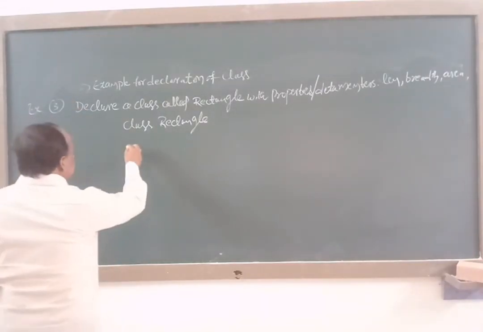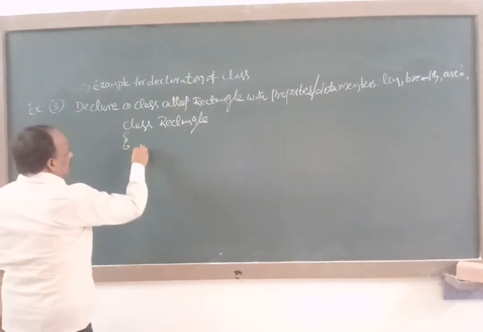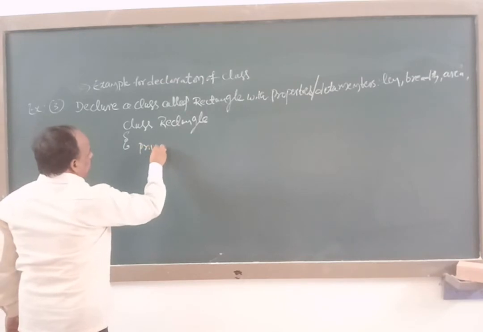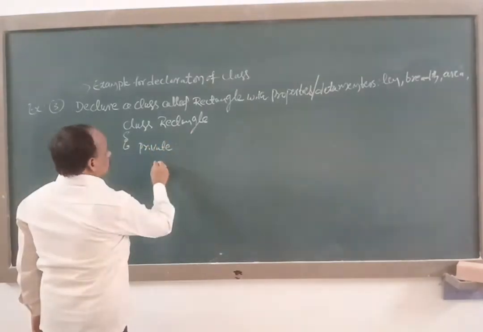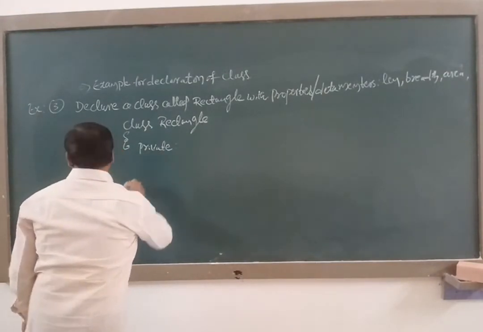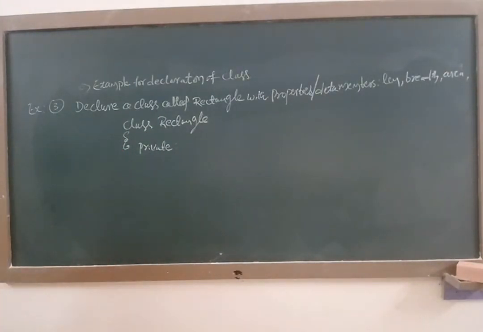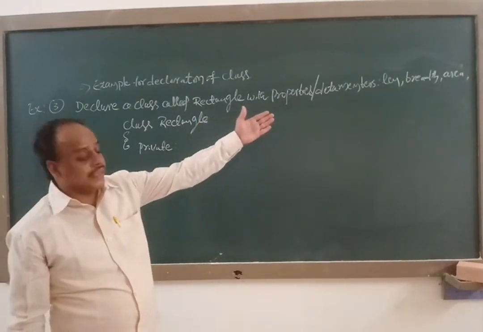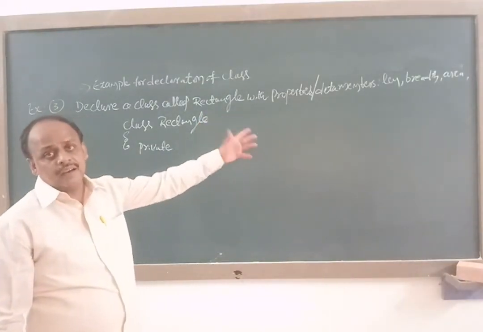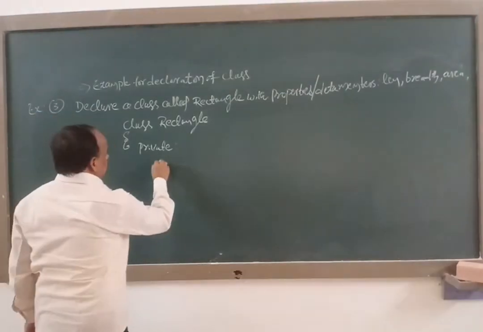Therefore consider private colon, and take data members length, breadth, area. In int or float you may take anything.